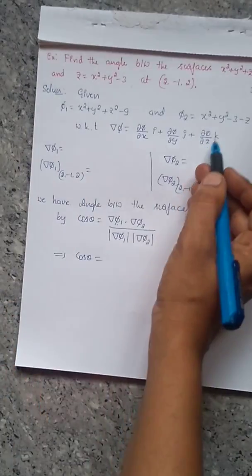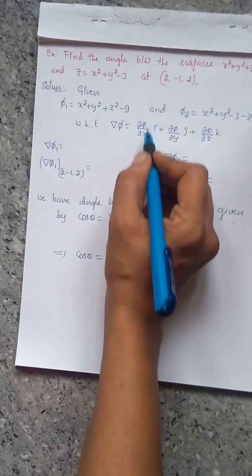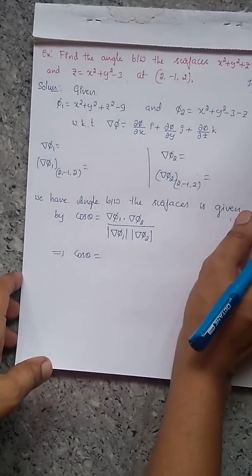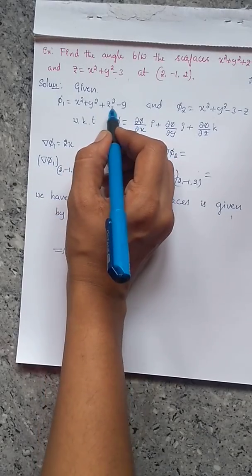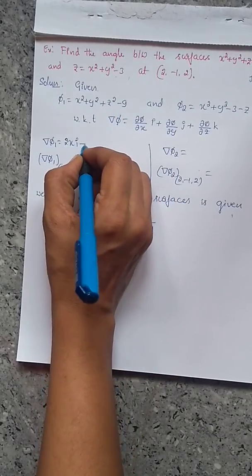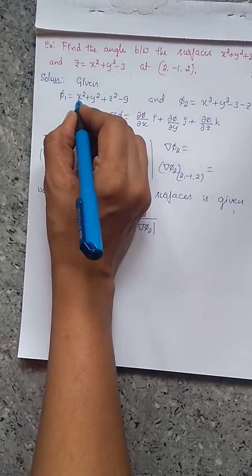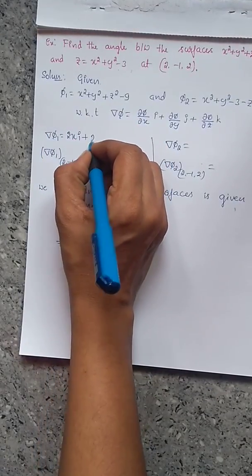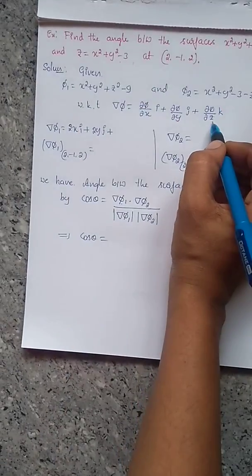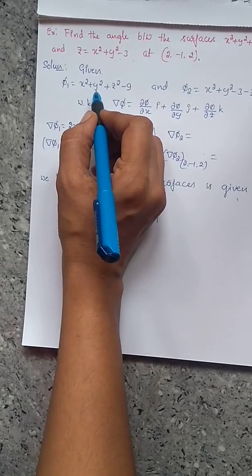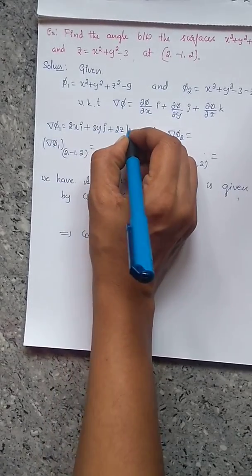Using the del pi formula, find del pi 1. Pi 1 differentiated partially with respect to x gives 2x, since y and z are constant, times i, plus pi 1 differentiated with respect to y, with x and z constant, gives 2y times j, plus pi 1 differentiated with respect to z gives 2z times k, since x² + y² and 9 are constant.